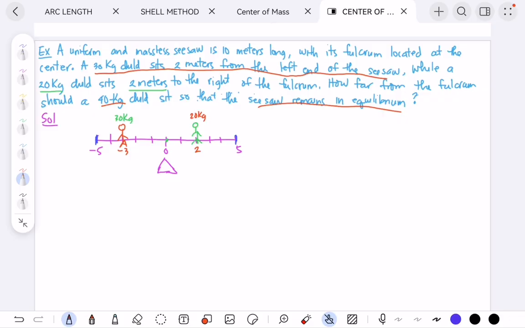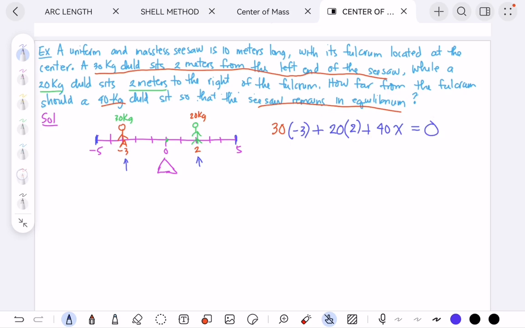Its moment of mass is given by the mass of the first child, which is 30, times its directed distance, negative 3, plus the second child, whose mass is 20 and is located 2 meters to the right of the fulcrum. And there's another child. The mass is 40, but we do not know its location, so that the moment of mass is 0.